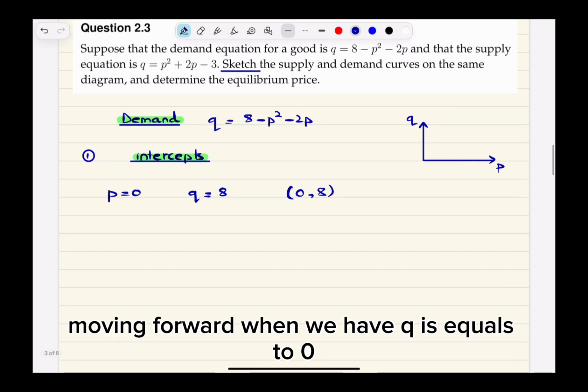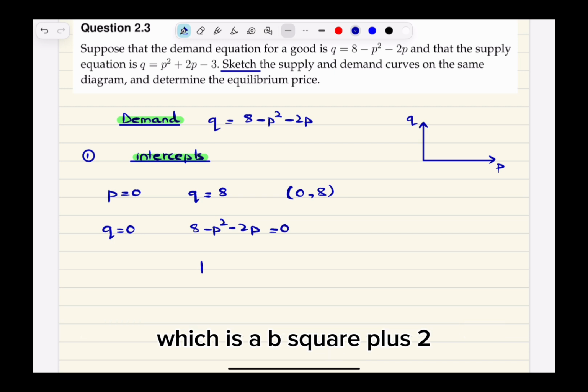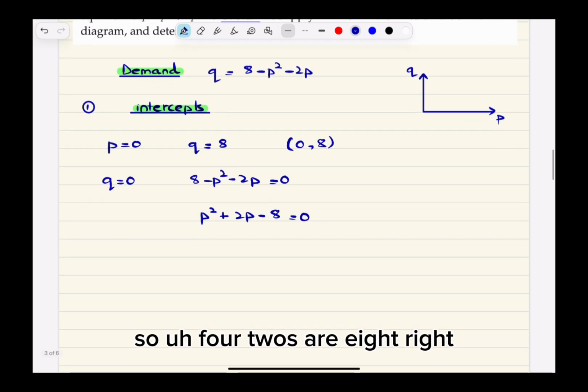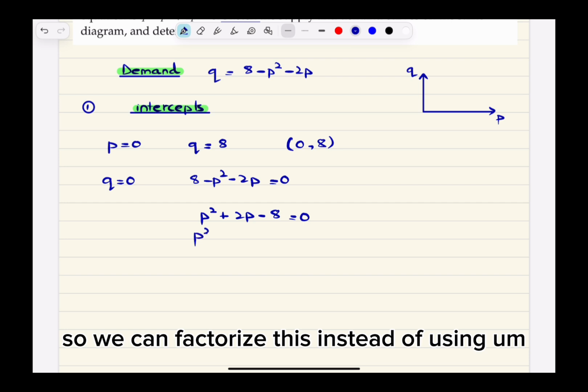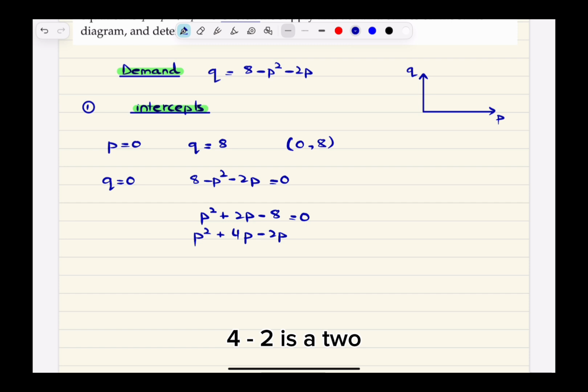Moving forward, when we have q equal to 0, you have 8 minus p square minus 2p equal to 0, which is p square plus 2p minus 8 equal to 0. So 4 2s are 8, right? We can factorize this instead of using the quadratic formula. 4p minus 2p, 4 times 2 is 8, and 4 minus 2 is 2.